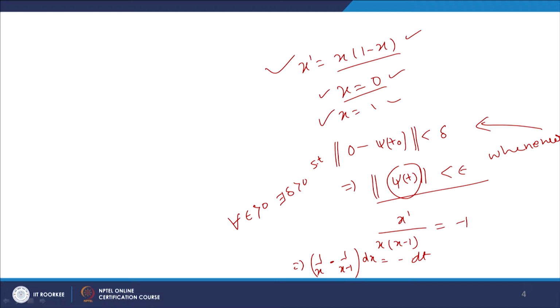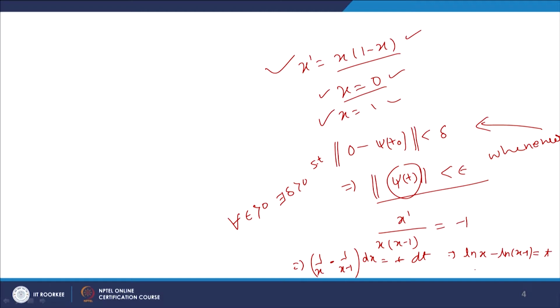So this is the differential equation. Now, let us solve this, and if you solve this, we have ln x minus ln of x minus 1 equal to t.